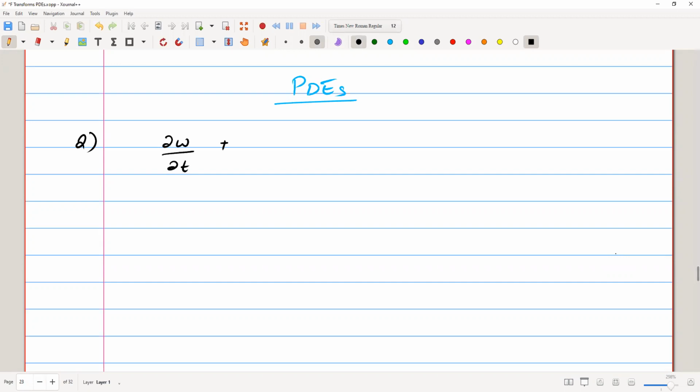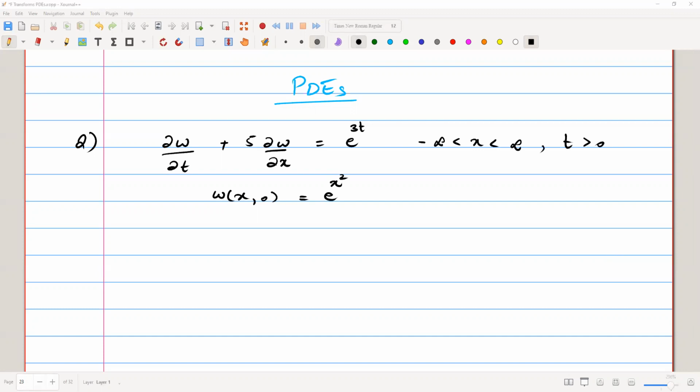Again, we have a linear partial differential equation of first order, but this time it's non-homogeneous and the condition is given as e to the power negative x squared, where x is from negative to positive infinity and t is greater than 0. Now we need to solve this problem.